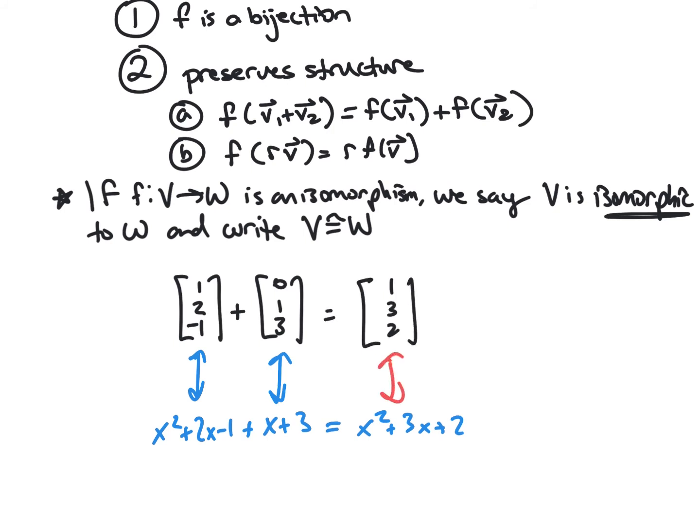It doesn't matter in what order you do things, you should get the same thing either way. And that's true. This would be property A, and you do the same thing with scalar multiplication.